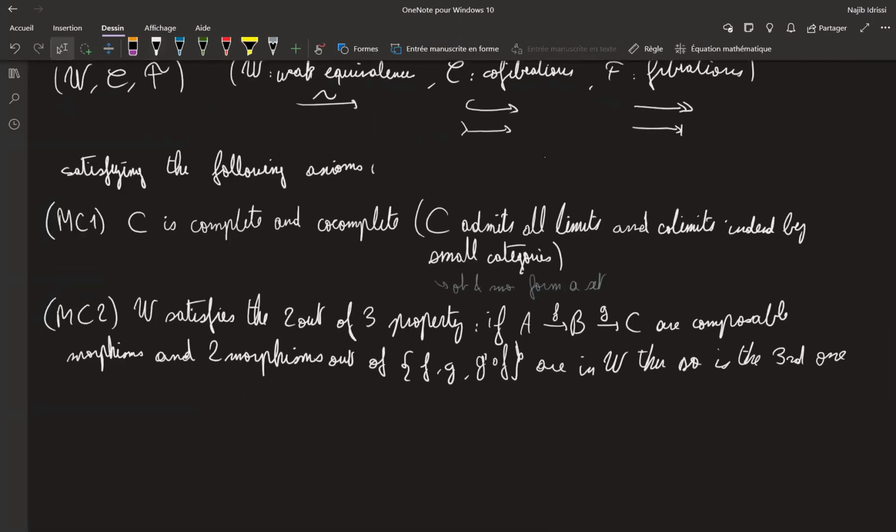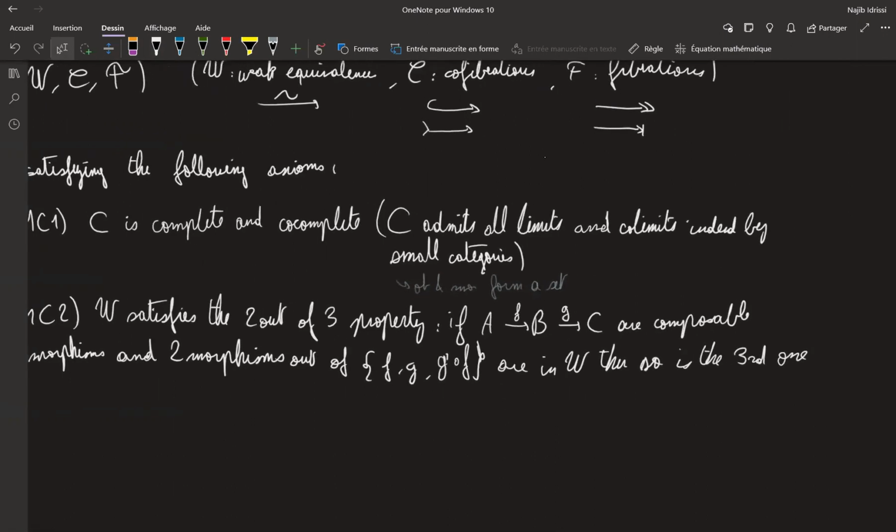So as I said last time, this is really 3 axioms in one, because it says 3 things.